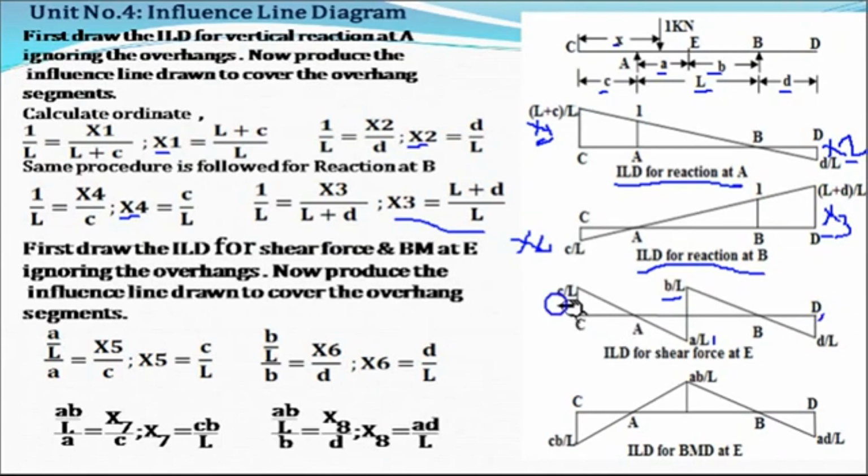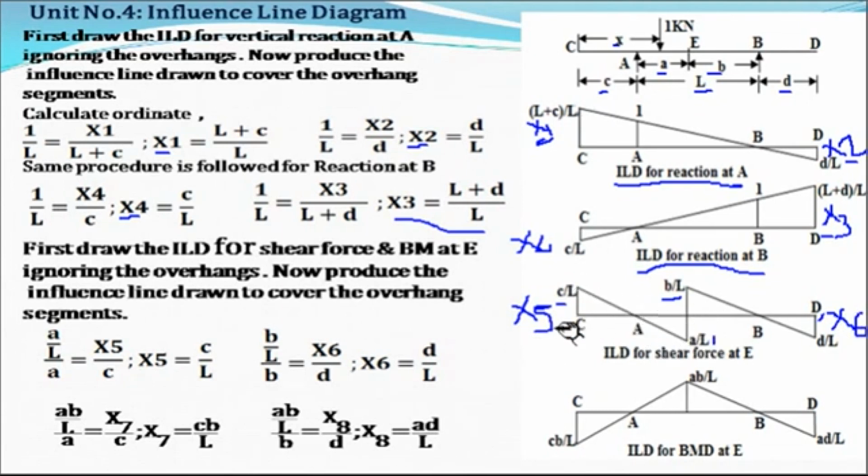Now here we have to find out this ordinate. We'll name this ordinate as x5 and this ordinate as x6. Now to find out the ordinate, we'll consider this triangle and this triangle.